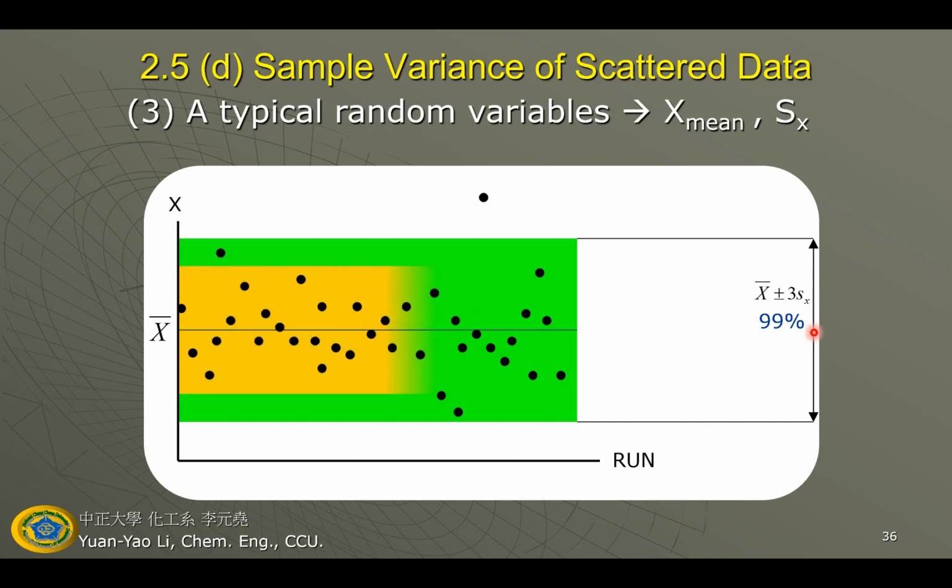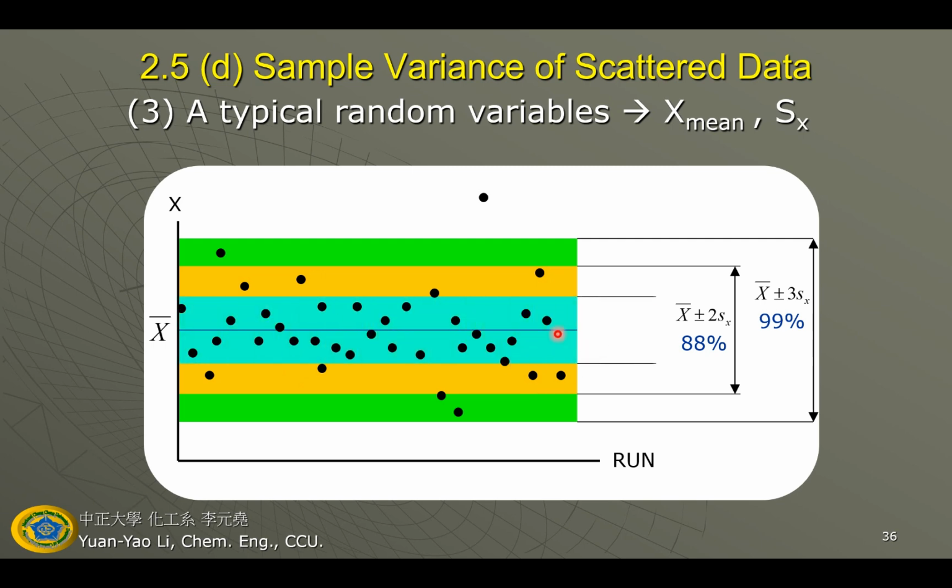If you have 2 standard deviations, normally about 88% will be in the range. However, if you have only 1 standard deviation, the percentage goes down to about two-thirds, which is about 66%, right? So this is the basic, typical random variation.